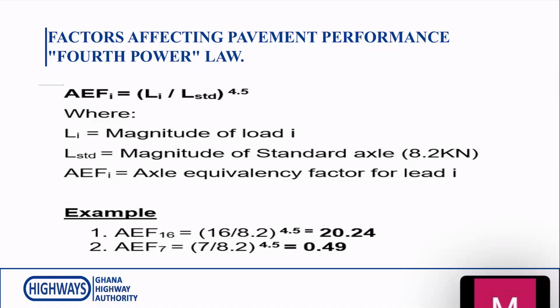Which means if one axle weighing 16 tons, double the normal standard load, passes, it will cause 20 times the damage that one standard load will cause.